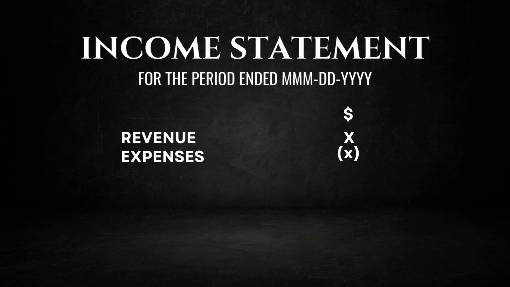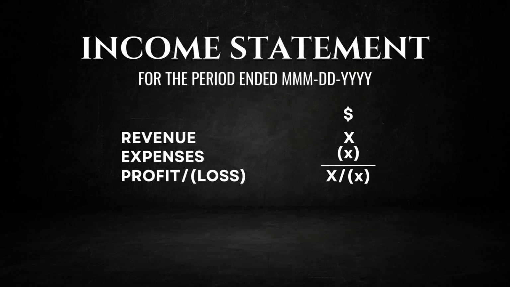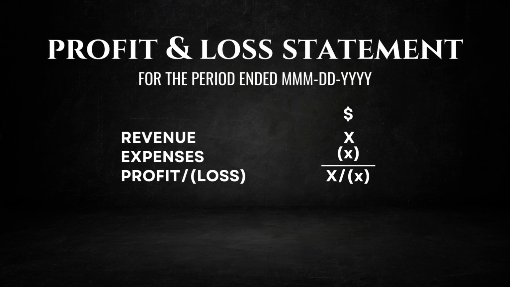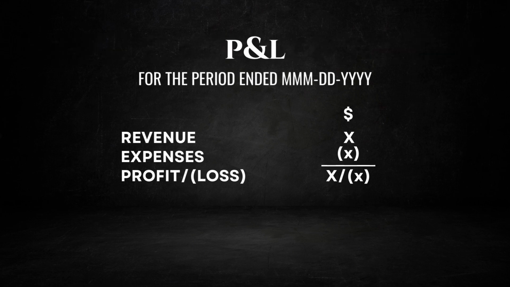Once the expenses are subtracted from the total revenue, we unveil the treasure hidden within, the profit or loss. It's a thrilling moment as we discover whether the business triumphed with the profit or stumbled upon a loss. And that's precisely why the income statement is also referred to as the profit and loss statement or P&L. It reveals the triumphs and the setbacks, the victories and the challenges faced by the business.